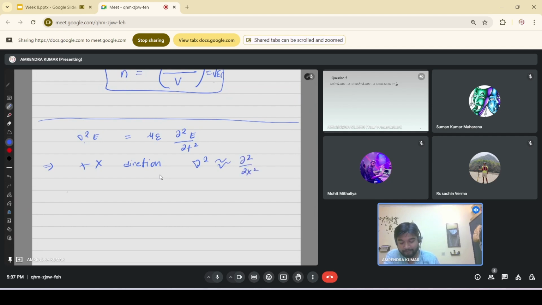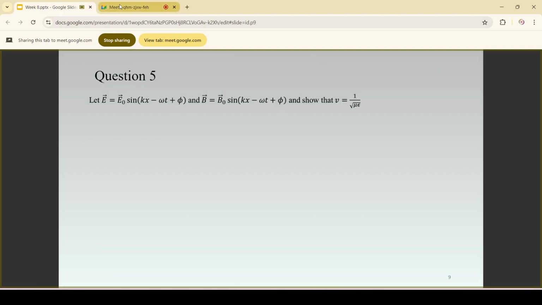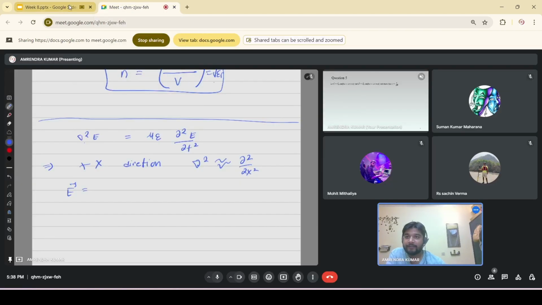And we know that E is given as some constant E naught sine of kx minus omega t plus phi.